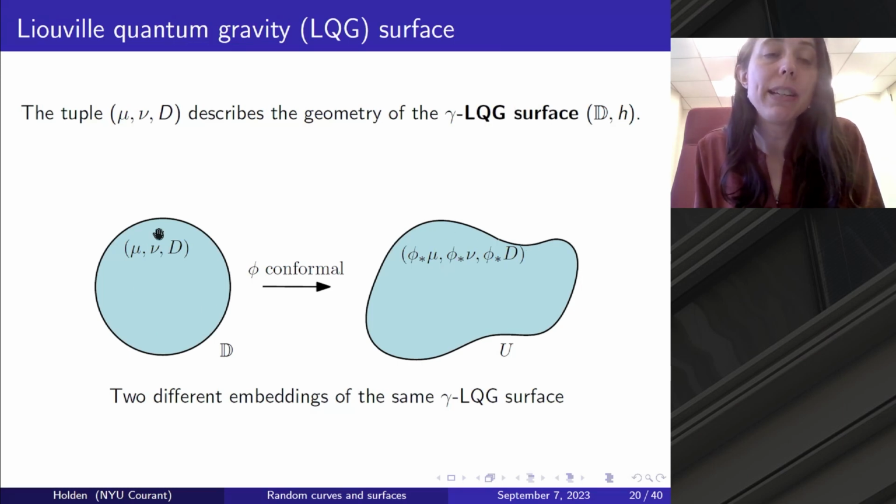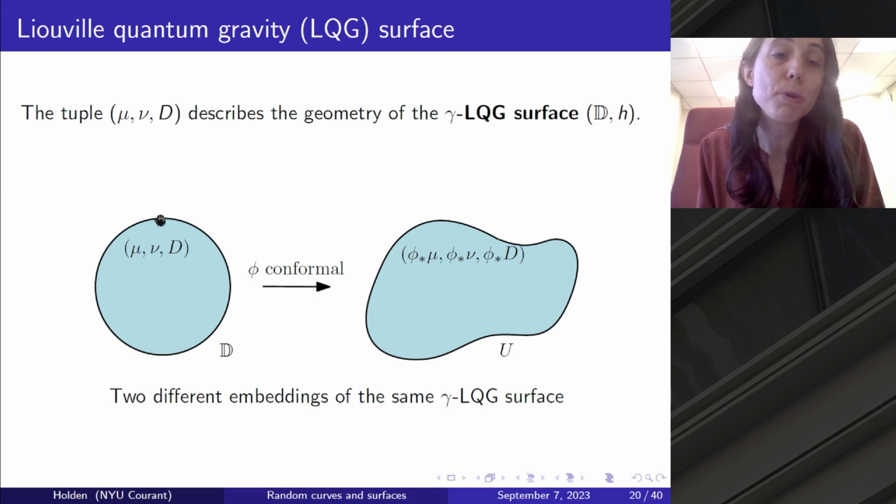Here it has been embedded into the unit disk, and here into some other domain U. We view these two surfaces as the same, because the measures and the metric in the right part of the figure are just the push forward of the measures and the metric in the left part under some conformal map phi.